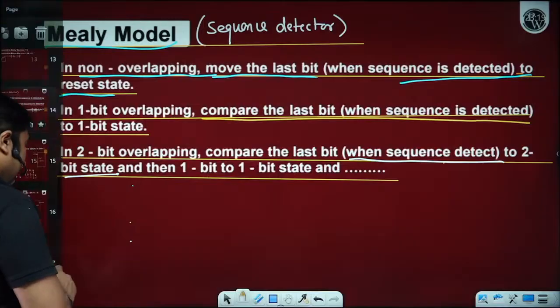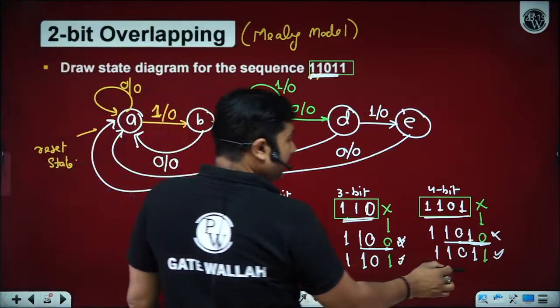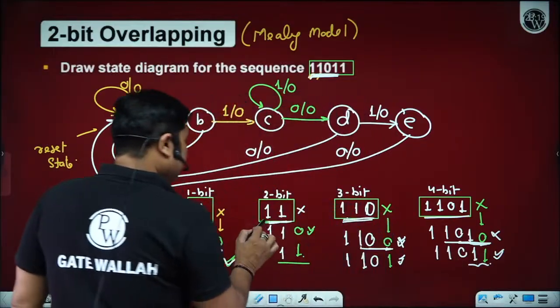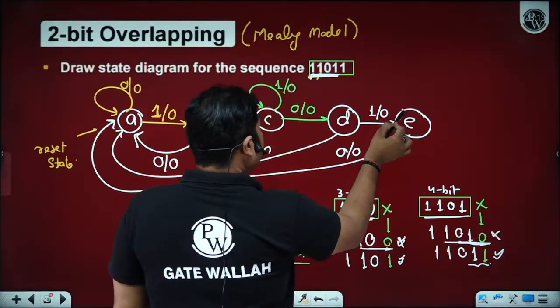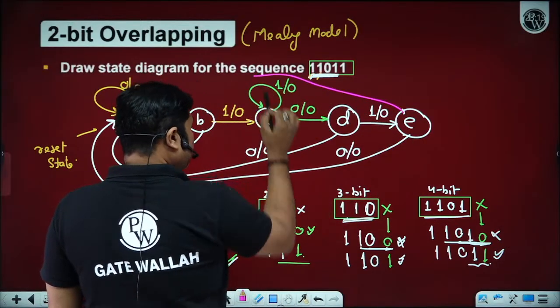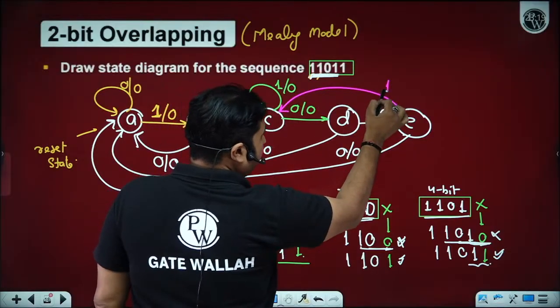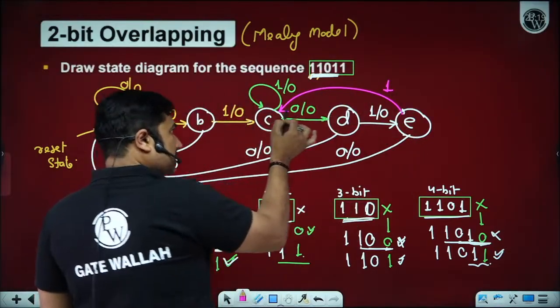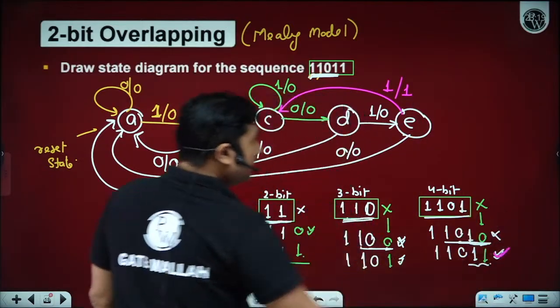Is it okay? Yes sir. So it is matching in case of 2 bit overlapping. So it will end at the 2 bit state, which is your state C. So if we are getting 1, it reaches state C. Output will become high because the entire sequence got detected.